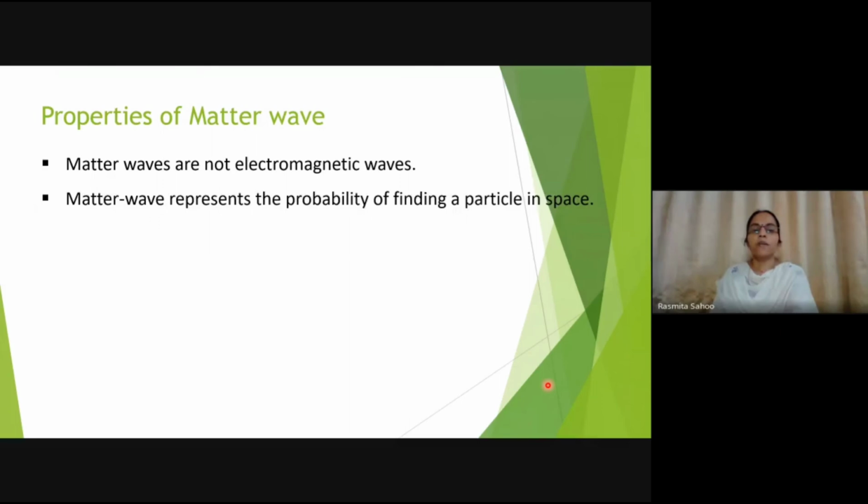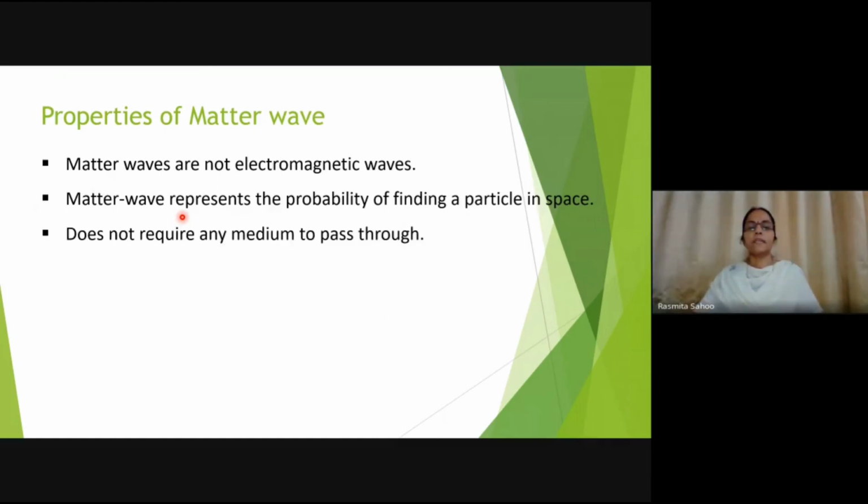A matter wave represents the probability of finding a particle in space. This concept will be very helpful in our further discussions. So you have to remember that a matter wave represents the probability of finding a particle in space. It does not require any medium to pass through, unlike a sound wave that requires a medium to pass through, right?